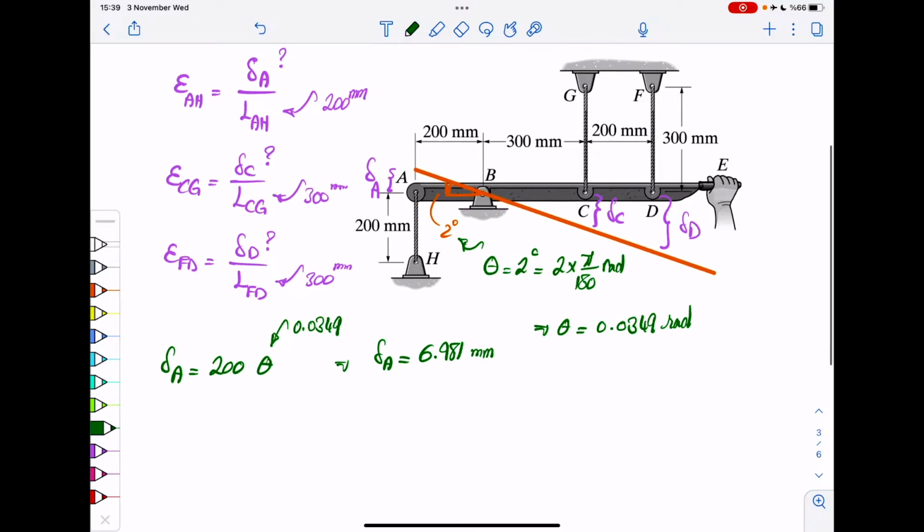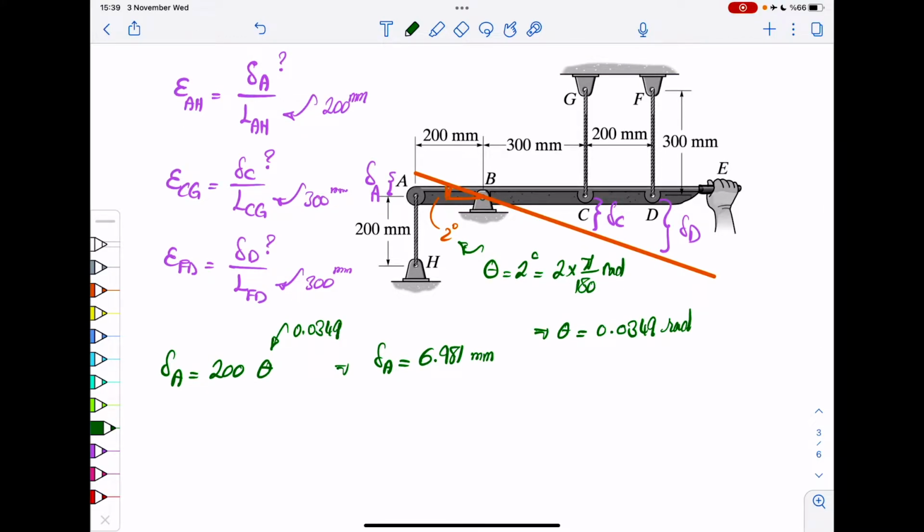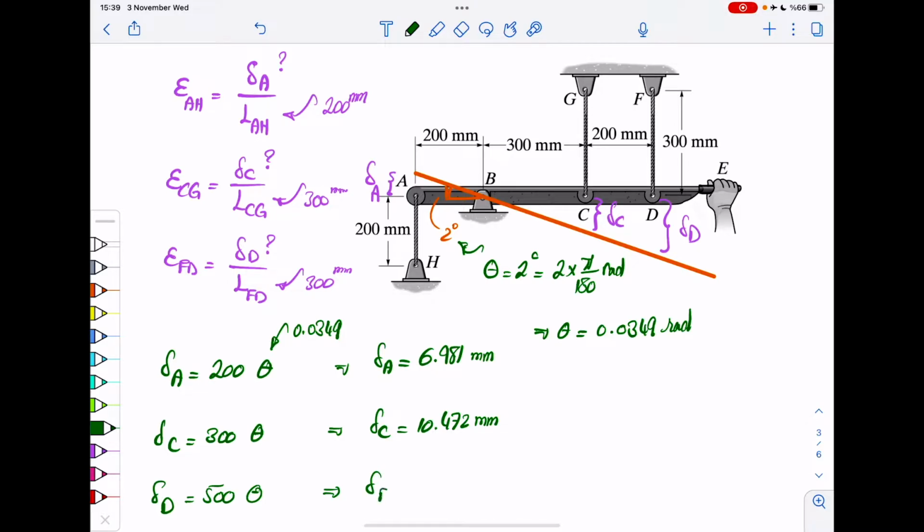We play the same game for B and C, for C and D. So delta C is then the distance from B, which is 300 now, times theta. So delta C would be then 10.472 millimeters. And delta D is 500 times theta. That gives us 17.453 millimeters.